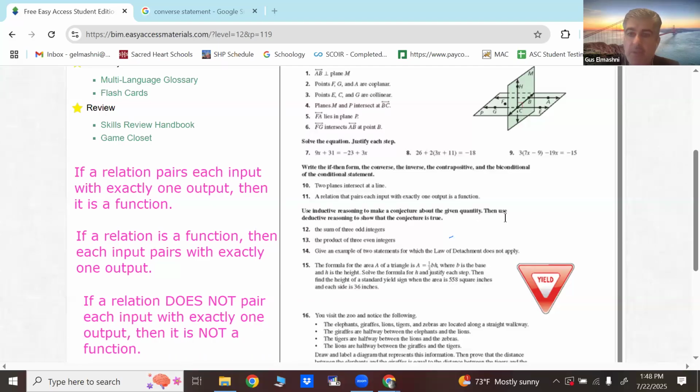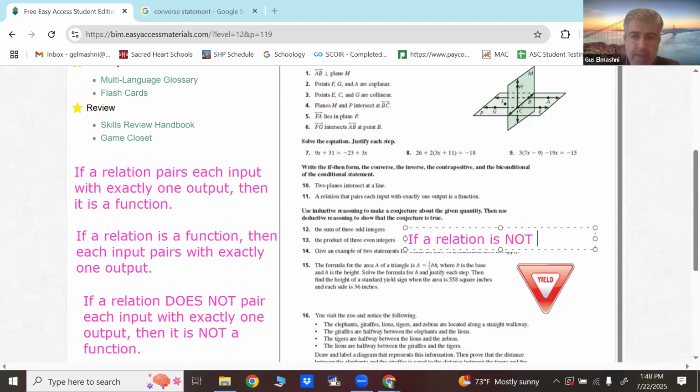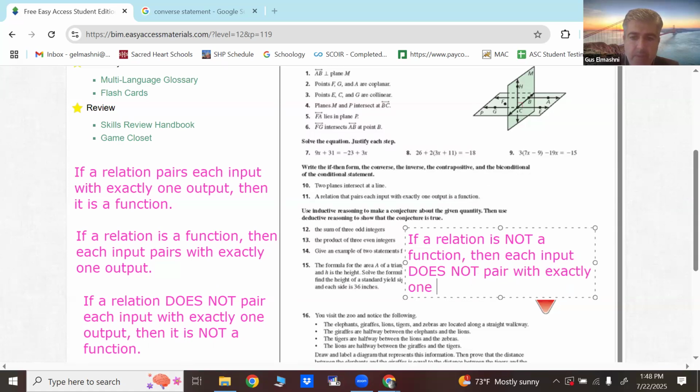The contrapositive, you do both. You reverse and you negate. So if a relation is not a function, then each input does not pair with exactly one output.